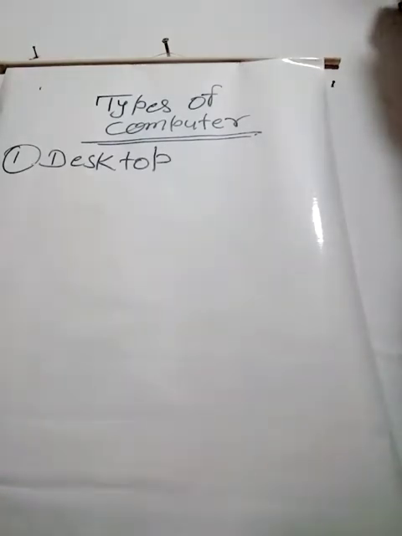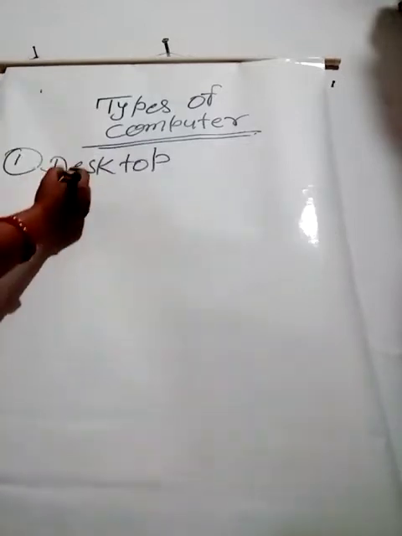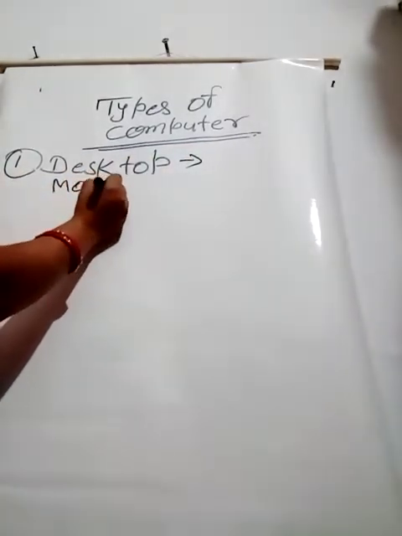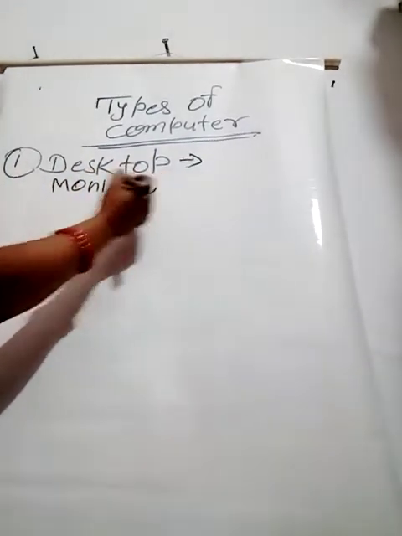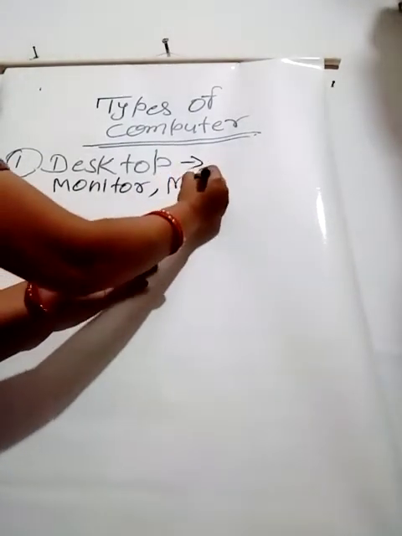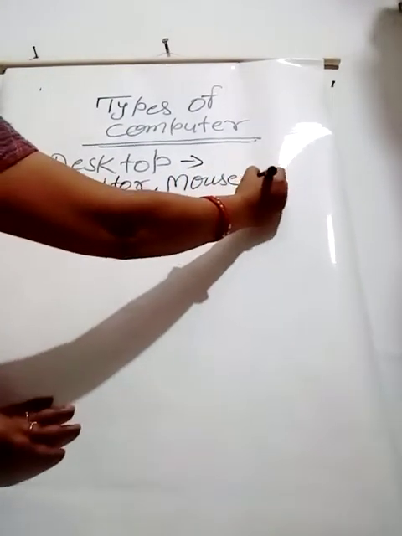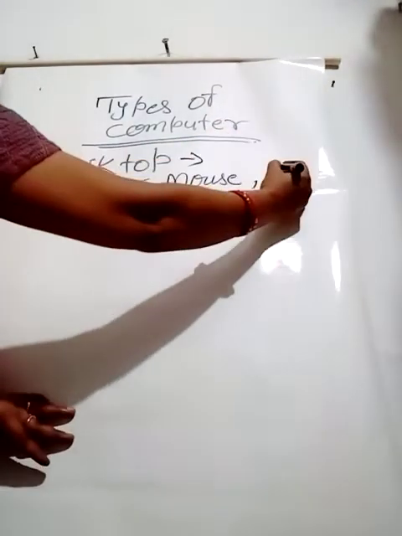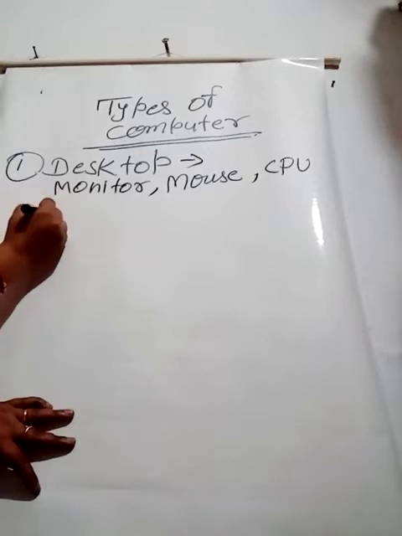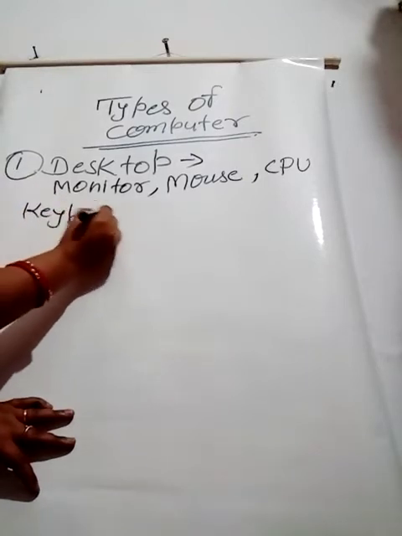In this desktop computer, you can see the different parts of the computer one by one. The first one is the monitor. Then the next part you can see is the mouse. Another part is the CPU. The next one is the keyboard.